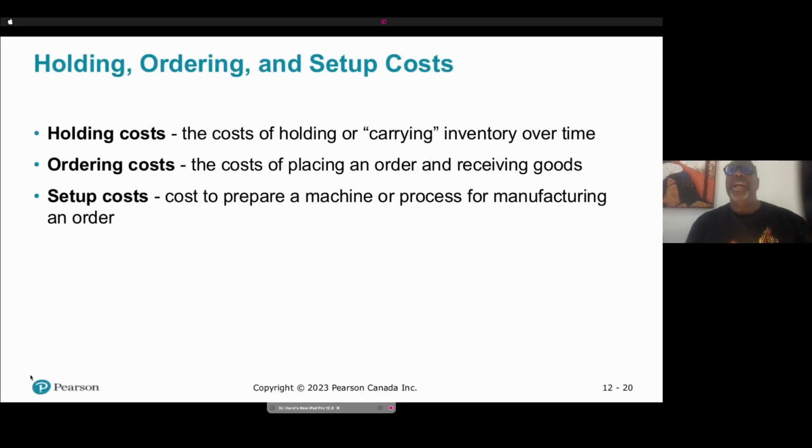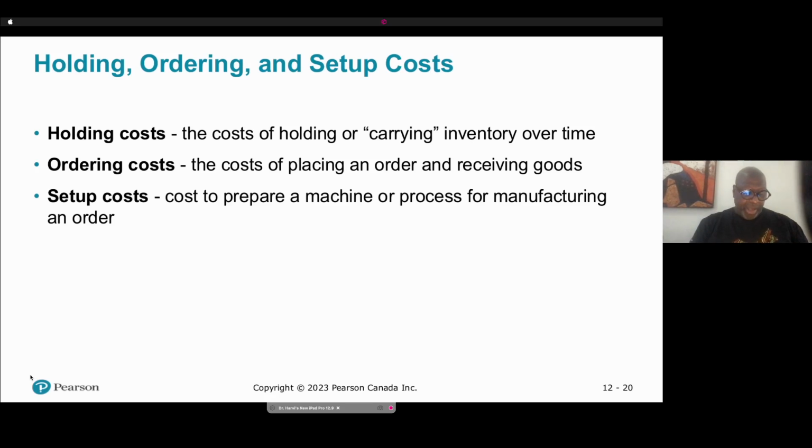When we imagine managing inventory, part of it, as we said, is to balance your cost of investment versus the service. To achieve the service, more inventory will allow you to achieve it. However, more inventory will also incur costs, which you want to try to minimize. And so we need to understand what the main cost components are when you're managing inventory. Holding cost is one of them, the cost of carrying the inventory over time.